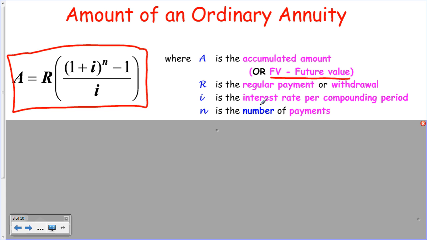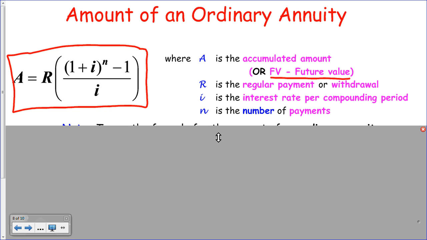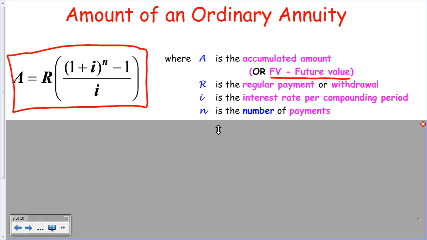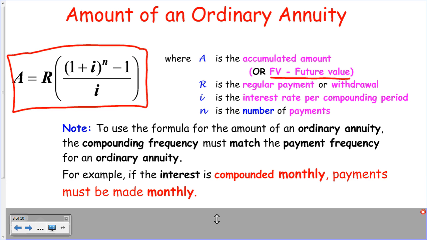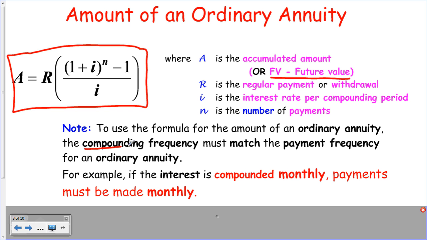i is the same as in compound interest, so it's the rate divided by the compounding period, and n is the number of payments, which is always equivalent to the number of times you get interest. The reason is that when you're using this formula, you have to make sure the compounding frequency matches the payment frequency.